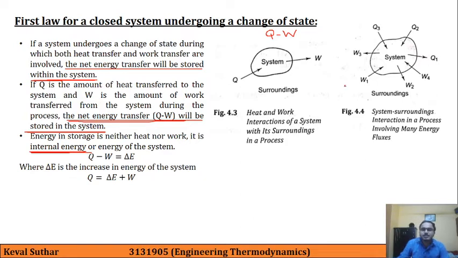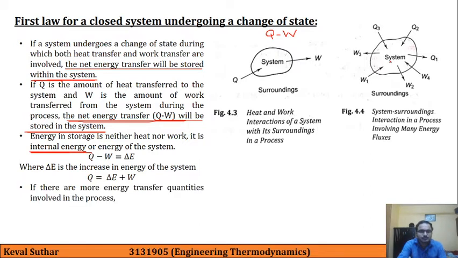Now this is another figure in which there are more than one work and heat interactions. If more energy transfer quantities are involved in a process, then we can write down this formula.